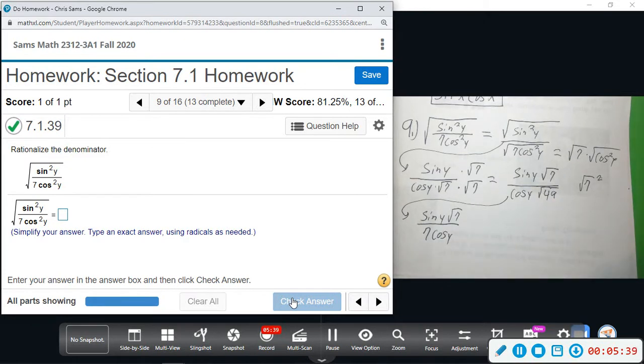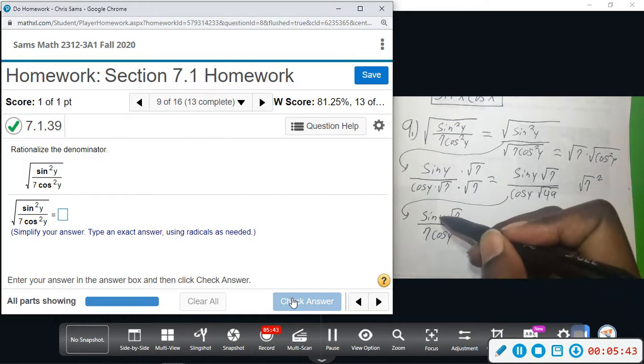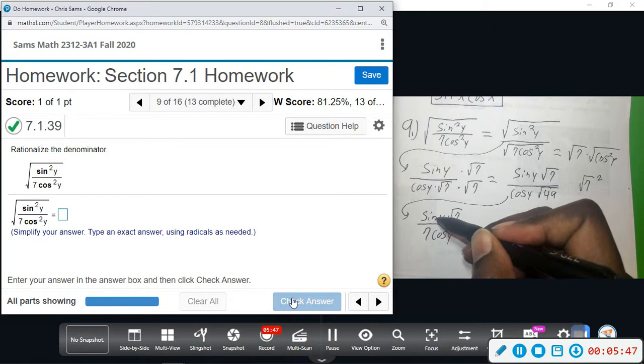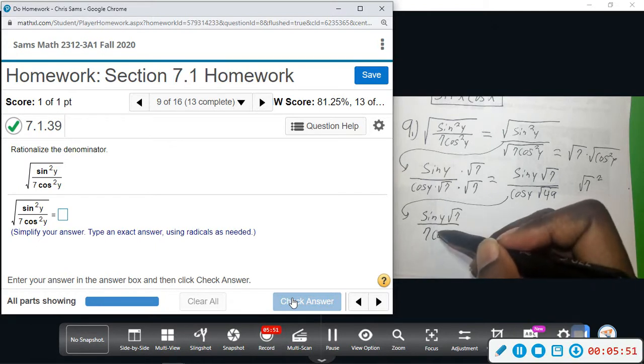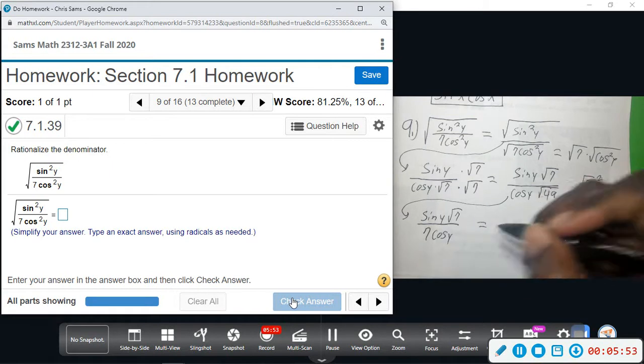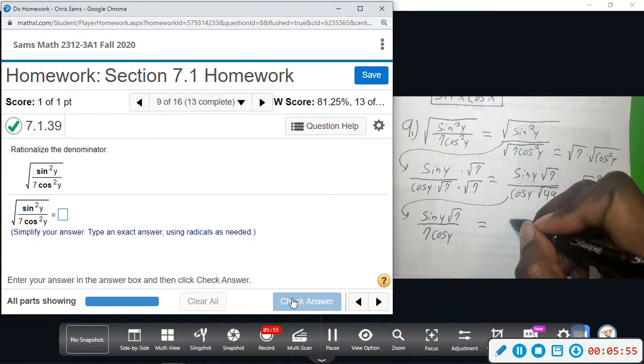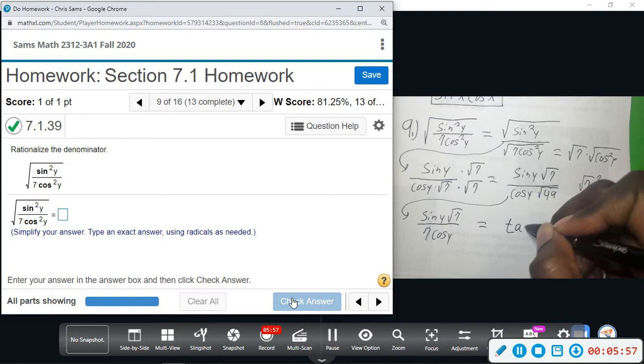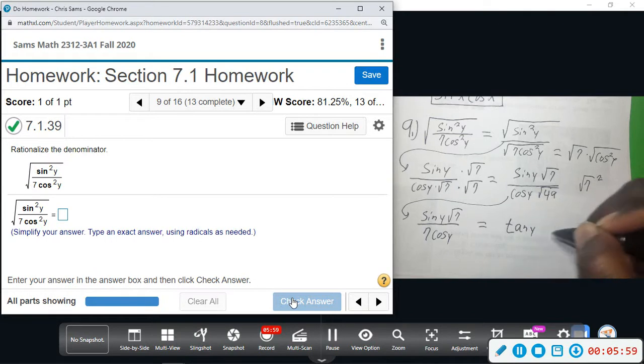Now, we could do one more thing. We can simplify. This is a trig identity: sine divided by cosine is the same thing as tangent. So we could go as far as saying tangent of y times the square root of 7 divided by 7.